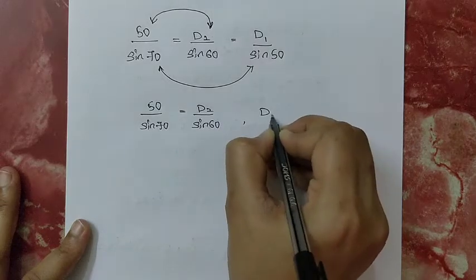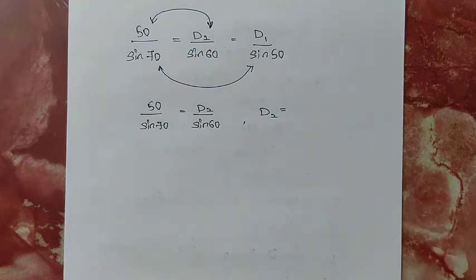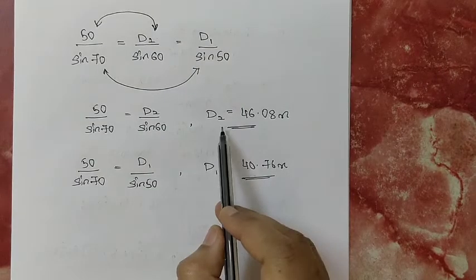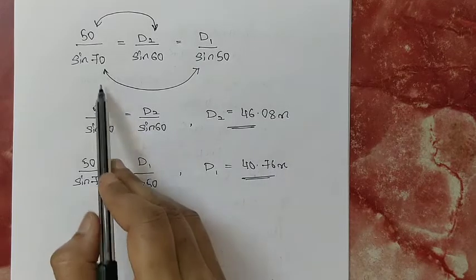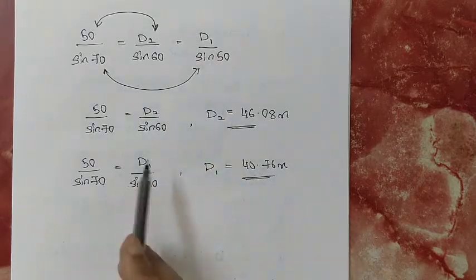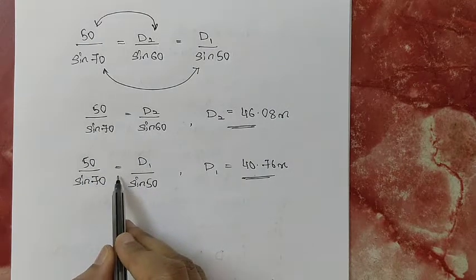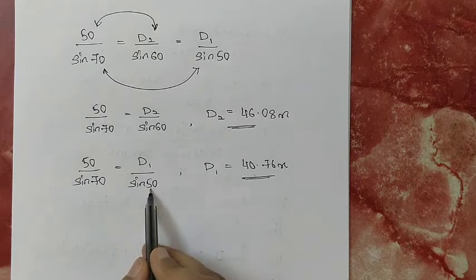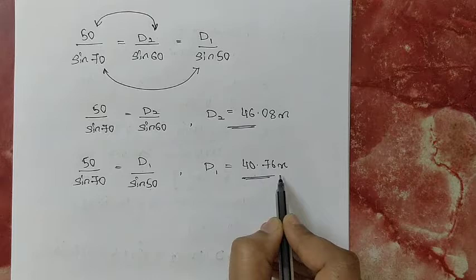Upon simplification you will get D2 as 46.08 meter. Then equate these two terms to calculate D1: 50 divided by sine 70 equals D1 by sine 50. Upon simplification you will get D1 as 40.76.